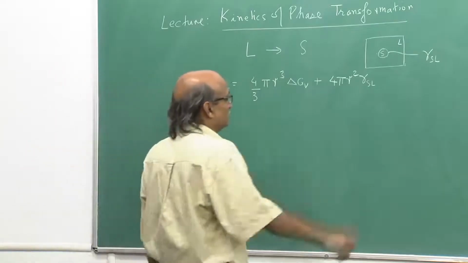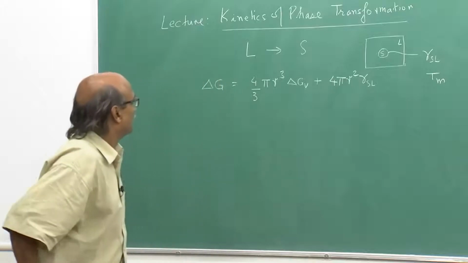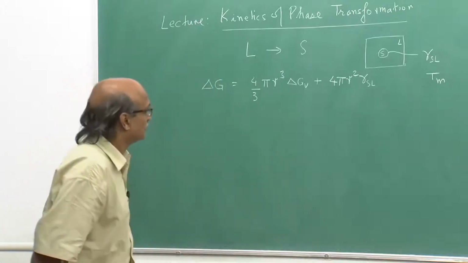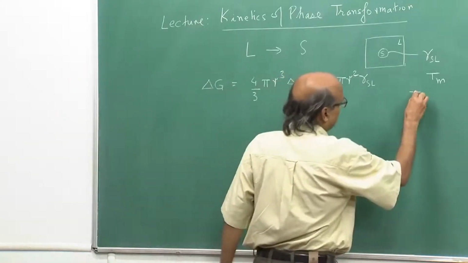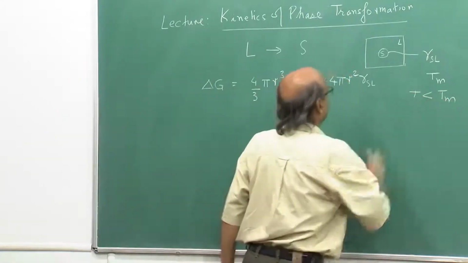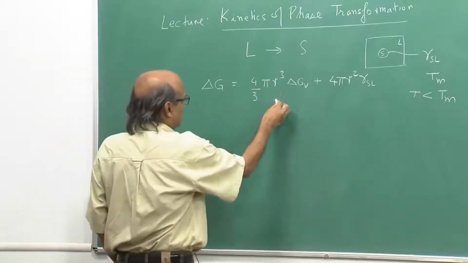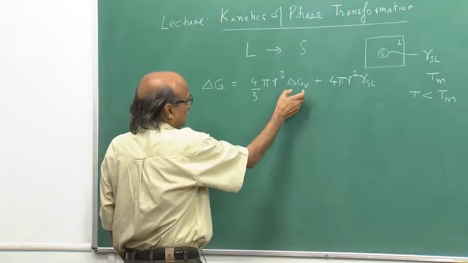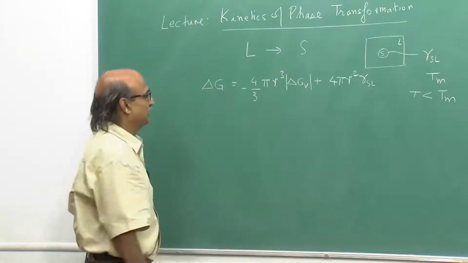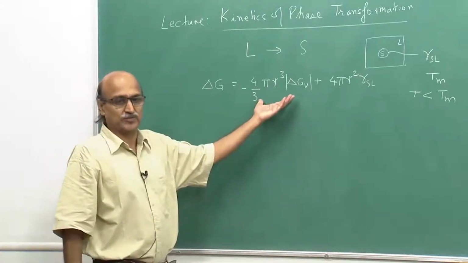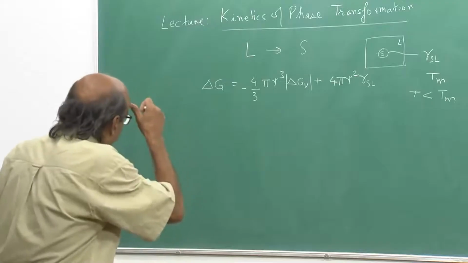So, for example, if Tm is the transformation temperature for liquid to solid transformation, then delta GV would be negative for T less than Tm. I can write this equation slightly differently by taking the absolute value for delta GV and putting a negative sign here to clearly indicate that the first term is negative.